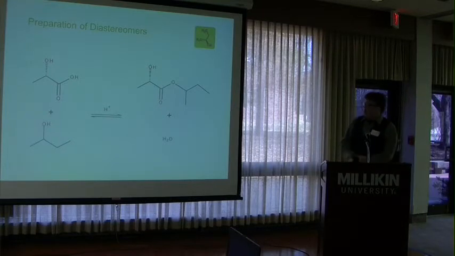Once we have this ester, this is a diastereomer. It's actually a mixture of the R-butanol and the S-2-butanol with the enantiomerically pure lactic acid. Since we have an enantiomerically pure lactic acid, this reaction will only yield 2 different diastereomers which we can separate.